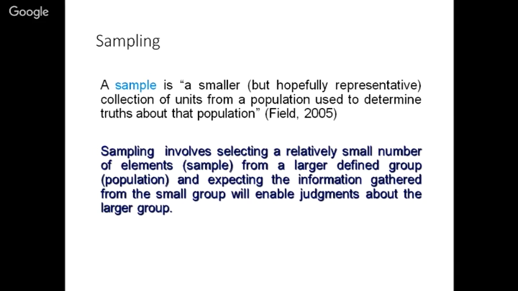While choosing the sampling process, we need to ask two different questions. First, in the definition of sample, we consider it a smaller collection of units from a population. The first question a researcher needs to ask is how much we need, meaning what the sample size will be to get information about the whole population.